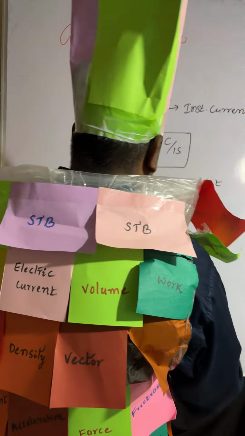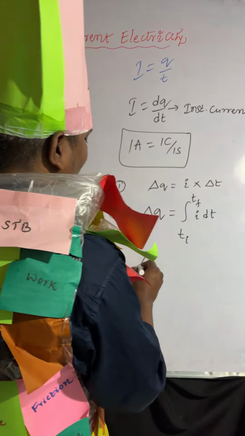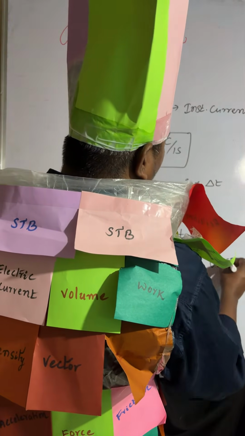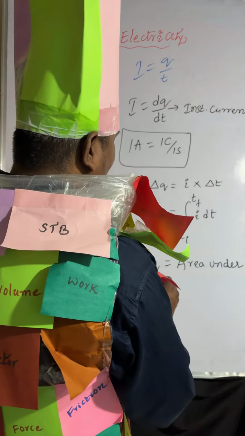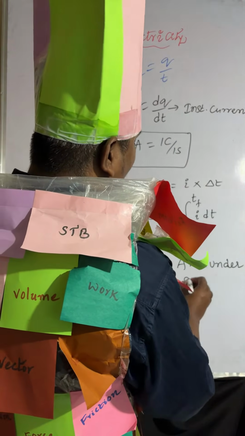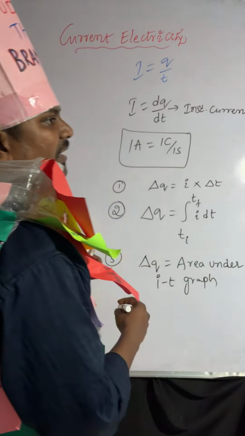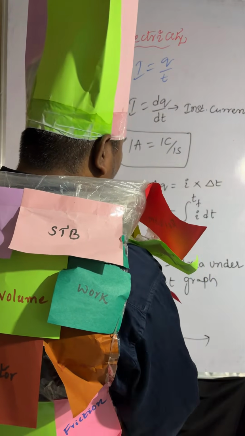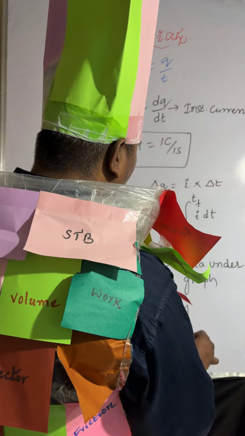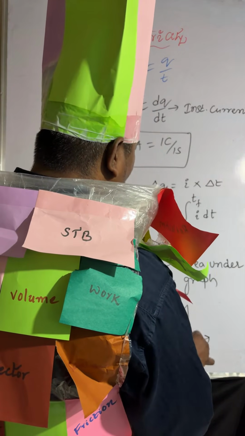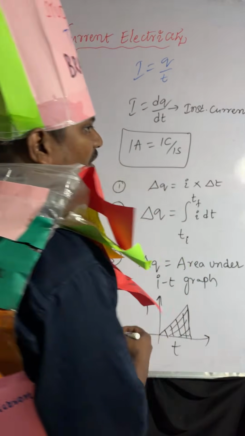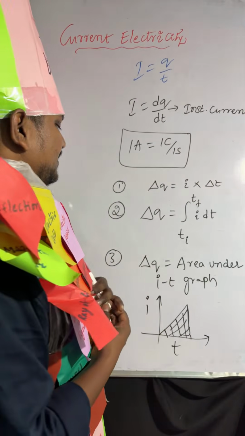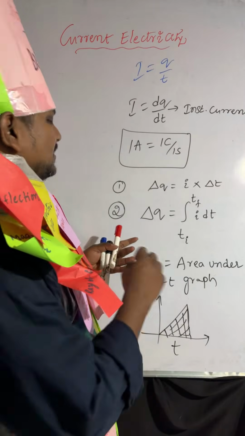And the third one, the area under the I-t graph gives the flow of charge. Understood or not? I hope it is very clear. So this is about electric current.